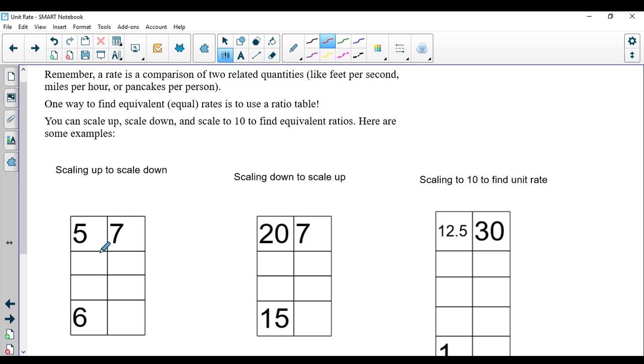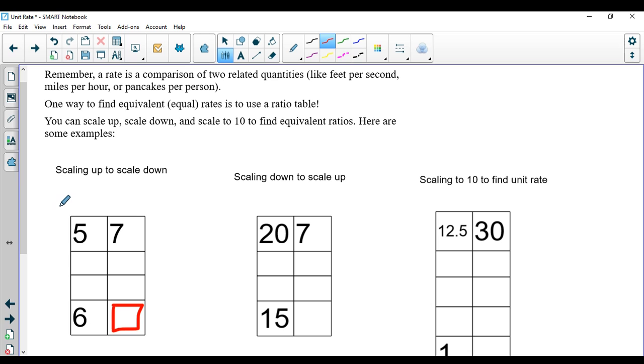And in this first one, I know that 5 and 7 is the ratio I'm starting with. And it wants me to find what this value right here would be for 6.